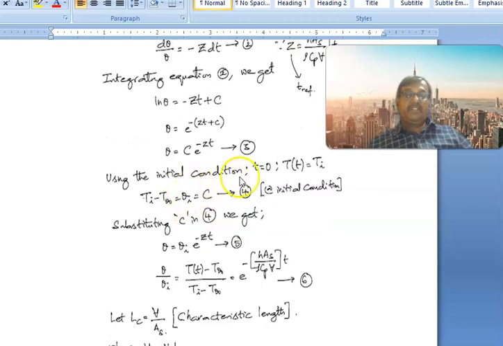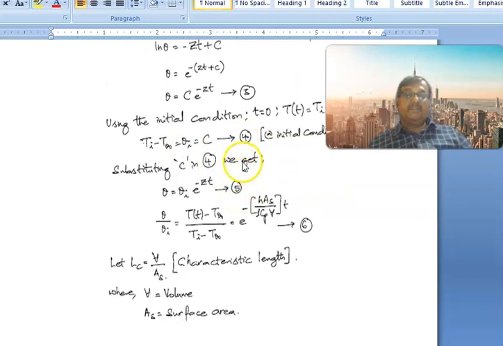Using the initial condition t = 0, T = Ti, the equation simplifies to θ = θi e^(-zt), so θ/θi = (T - T∞)/(Ti - T∞) = e^(-zt). Here V/A is the characteristic length, V is the volume, and A is the area.